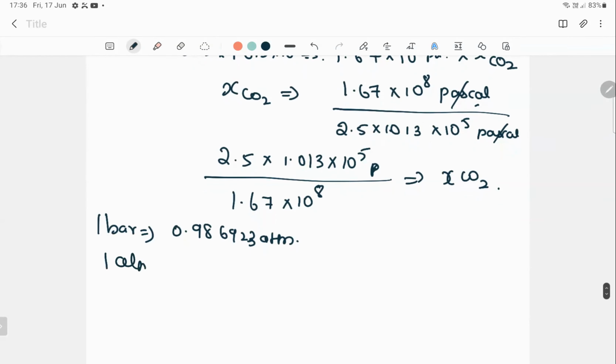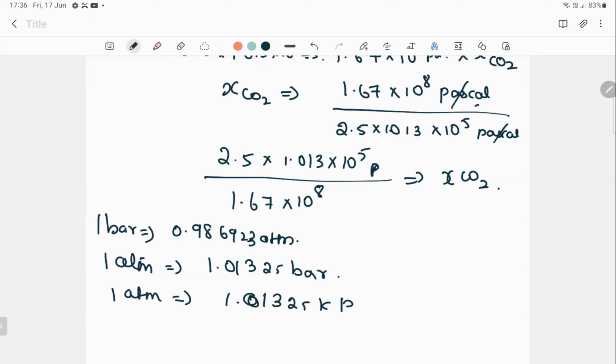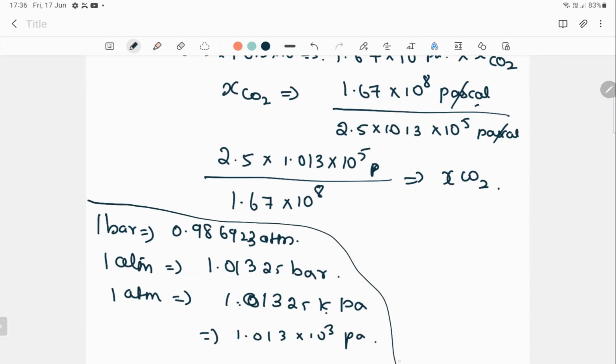Next one, ATM is equal to 1.01325 bar, and finally 1 ATM is equal to 1.01325 bar into kilo Pascal. So we multiply by 10 to the power 3, finally 1.013 into 10 to the power 5 Pascal. This is all your fixed values in the physics.